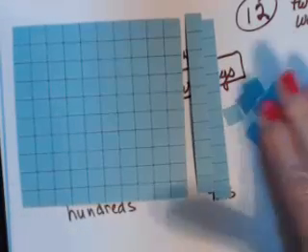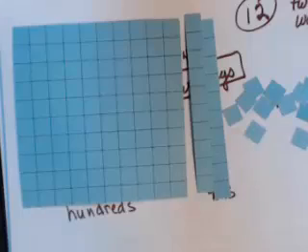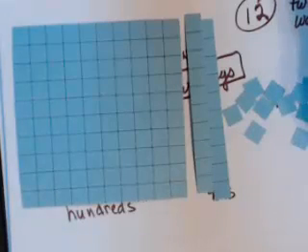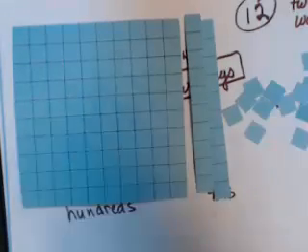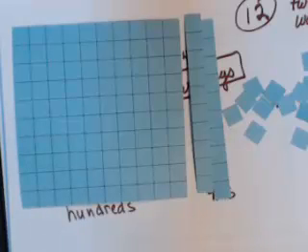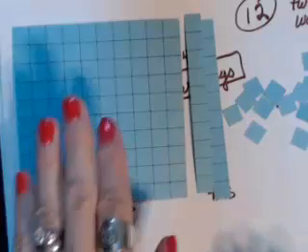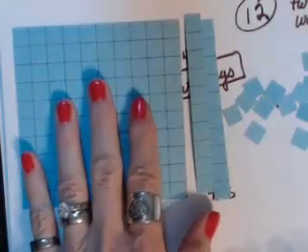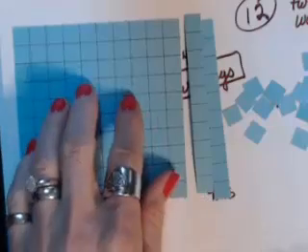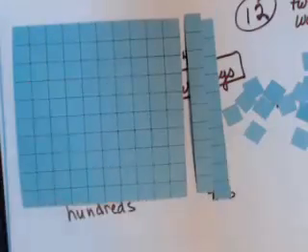So that would be one way of renaming 136. But if you did the 10 longs in place of the flat, that would be fine as well.